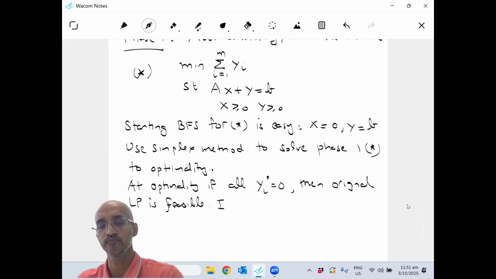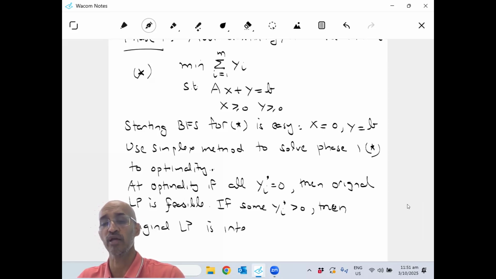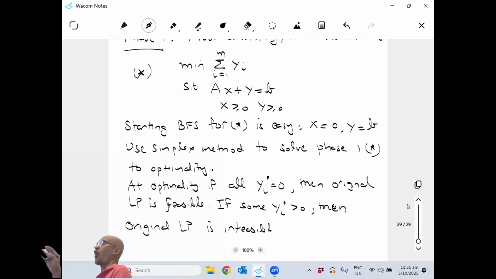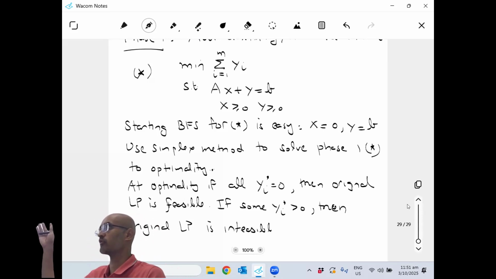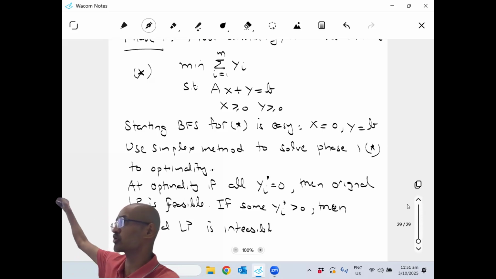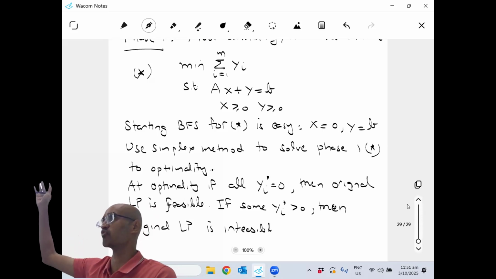But if some y_i star is strictly positive, then the original LP is infeasible, because you're solving this LP to optimality, right? I'm trying to make all my y_i's, which are non-negative variables, go to 0. My best solution is when all y_i's are 0. So find me an x with Ax equal to b, x non-negative, and make all the y_i's go to 0.